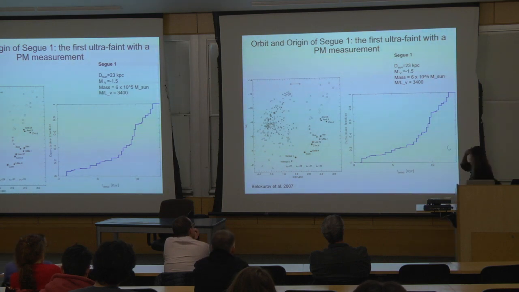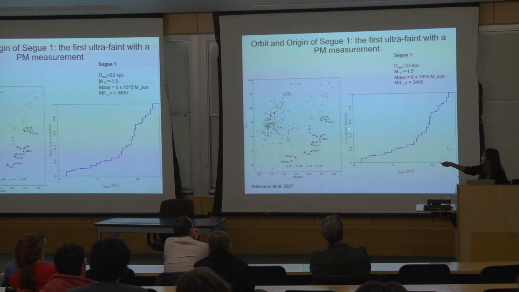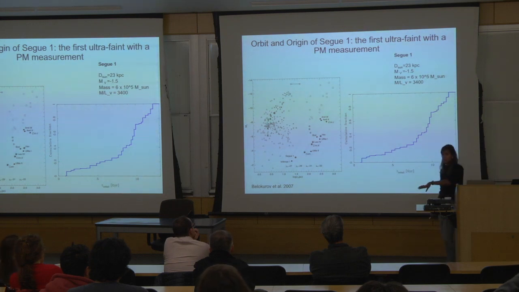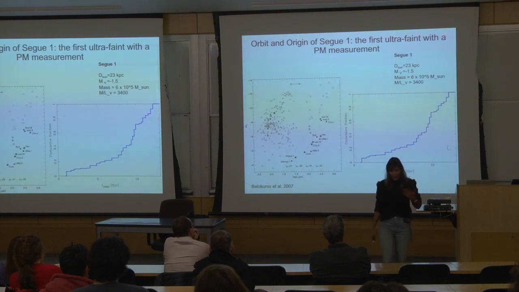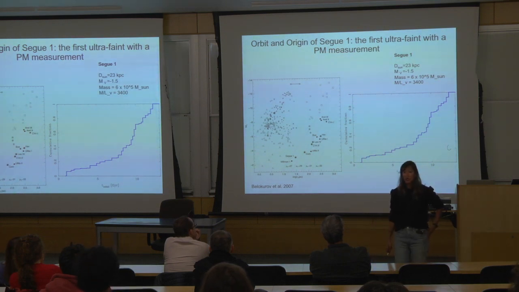Again, we went into a numerical simulation and found Segue analogs, via distance and measured velocity. This is the time of infall and cumulative fraction for those Segue analogs. You can see that at 50% here, all our Segue analogs fell in about 10 gigayears ago. So this is an interesting result, because apparently this galaxy has been around for a long time.